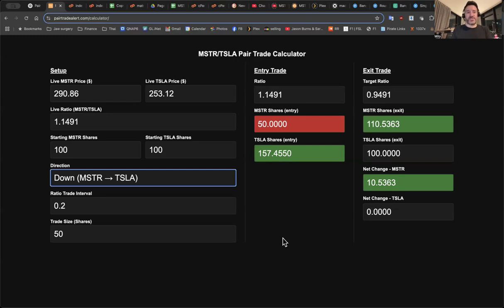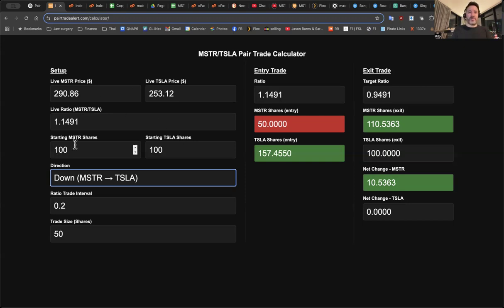Pretty straightforward. Literally just for calculating the number of shares you would make based on what the ratio range is, how many shares you're trading, and that's basically it. Hopefully that makes sense. I'm pretty much going to leave this calculator as it is, unless anyone can think of any additional features. The one obvious feature that would be useful would be maybe to have a portfolio bag size in terms of US dollars.